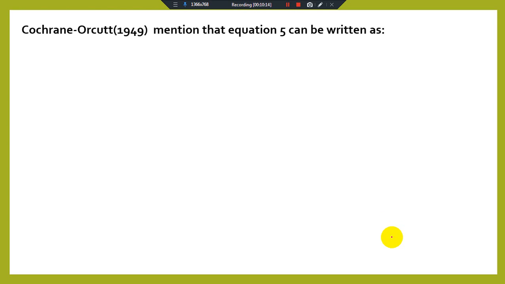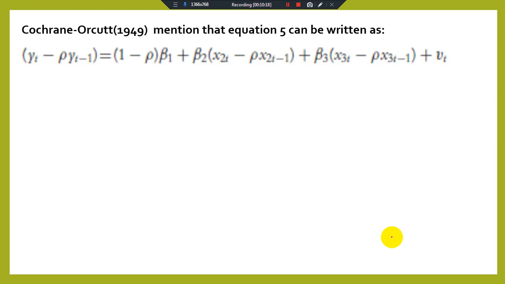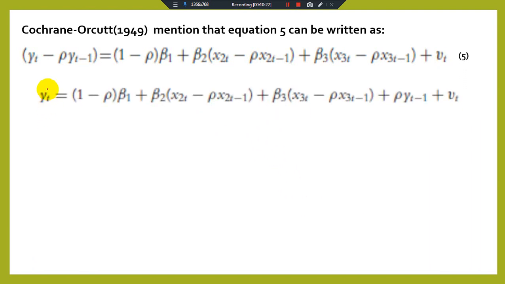Okay, Cochrane-Orcutt 1949 mentioned that equation 5 can be written. This is our equation 5. This equation can be written as follows: if we have a dependent variable y, then this part will be added to this part.